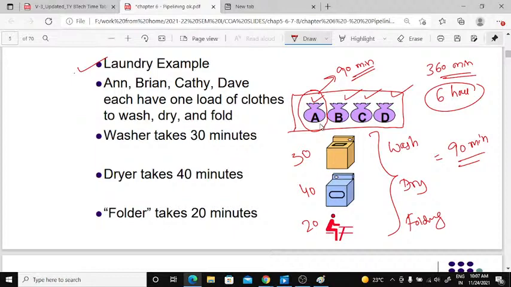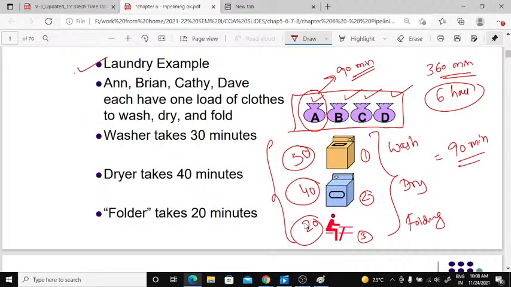For each load there are three tasks, 1, 2, 3, and each task is specified with some time. 30 minutes to wash the clothes, 40 minutes to dry, 20 minutes for folding. The time is fixed.